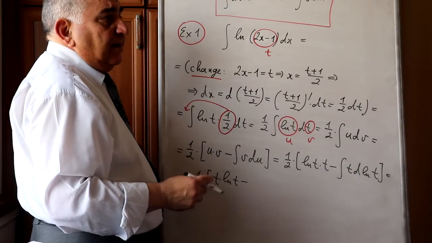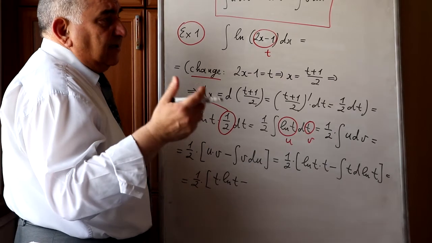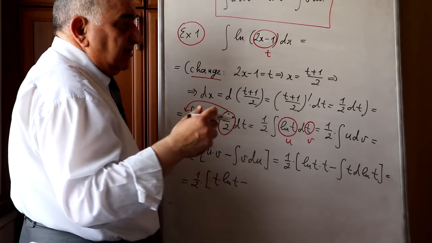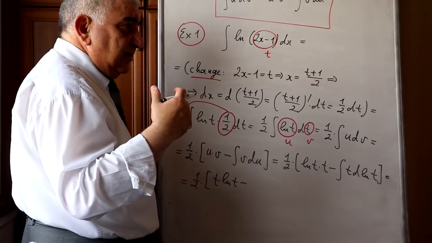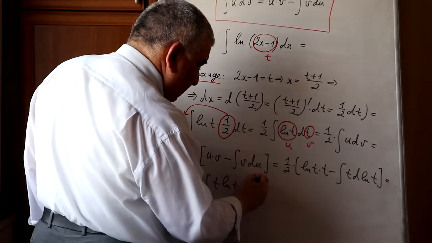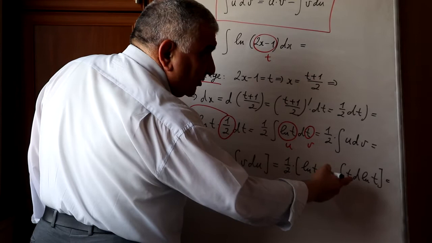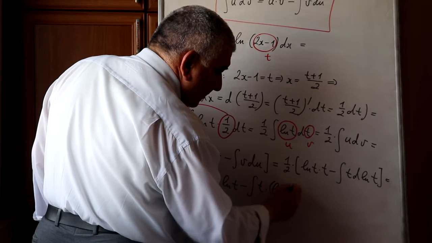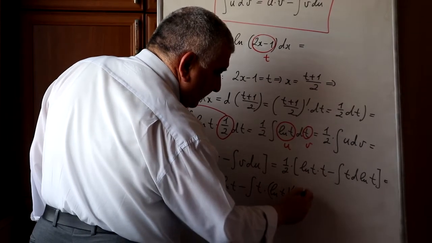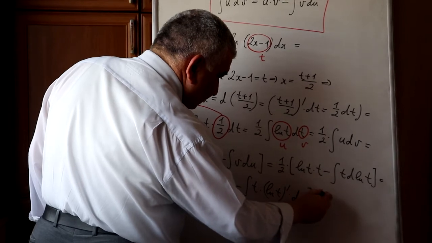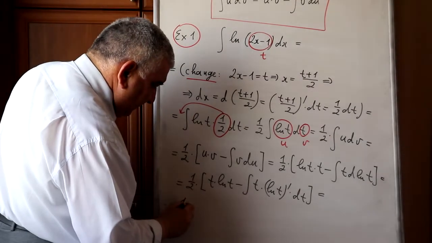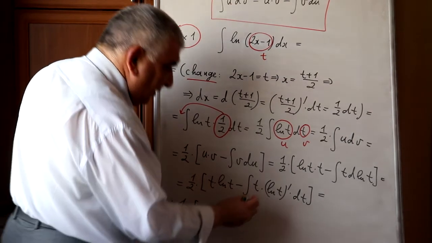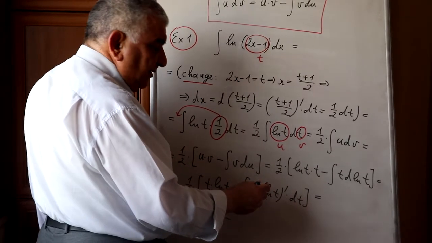It is a logarithmic derivative, and you know that d ln t is t prime over t, and it is the integral of t according to the formula of differential. It is natural logarithm of t prime multiplied by dt, then equals 1 second multiplied by t multiplied by natural logarithm of t, and the derivative of logarithm t is 1 over t.